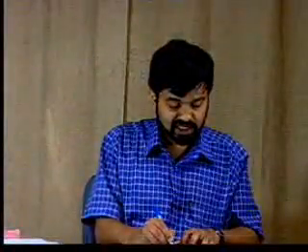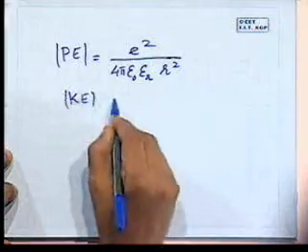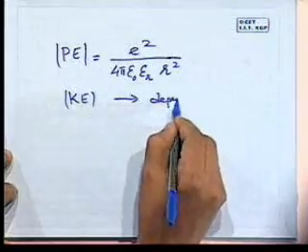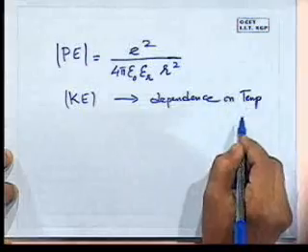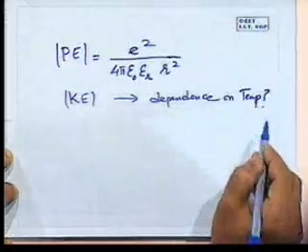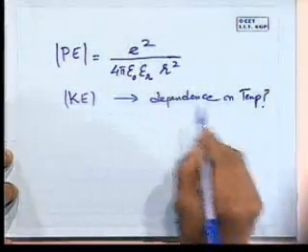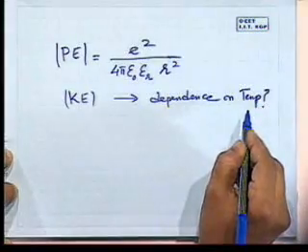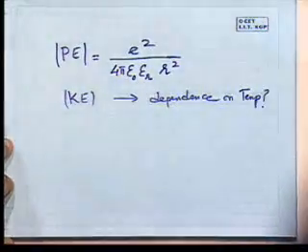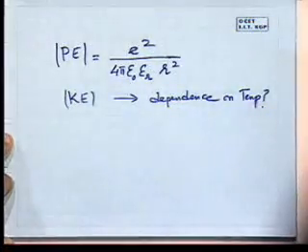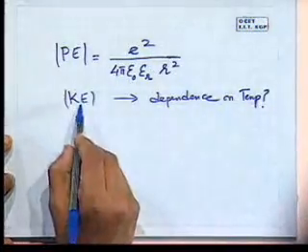Does the kinetic energy have a temperature dependence? Yes. Right? It had better, we just used it. Half m v squared is equal to 3/2 kT kind of idea we got there. So there's a temperature dependence for KE.